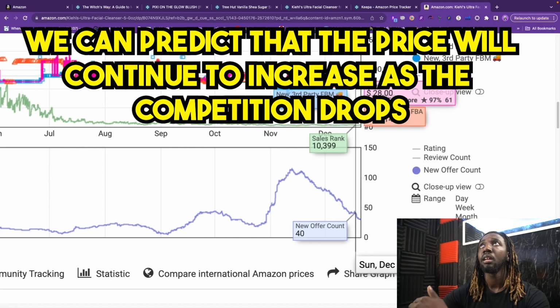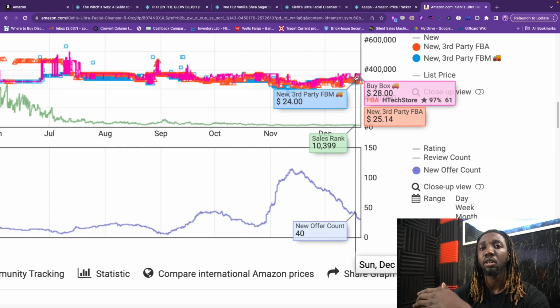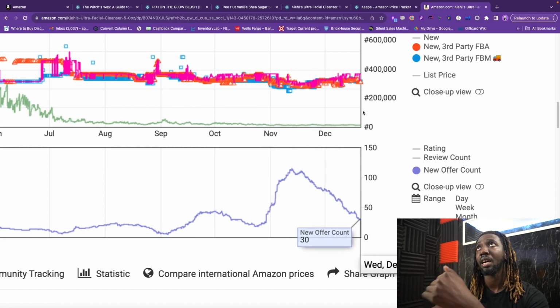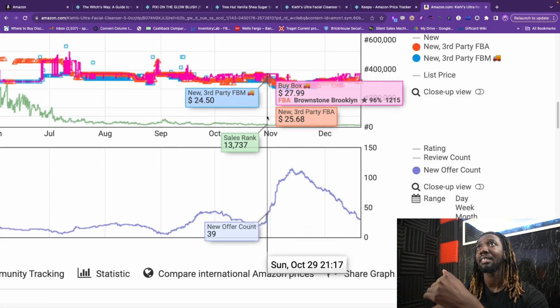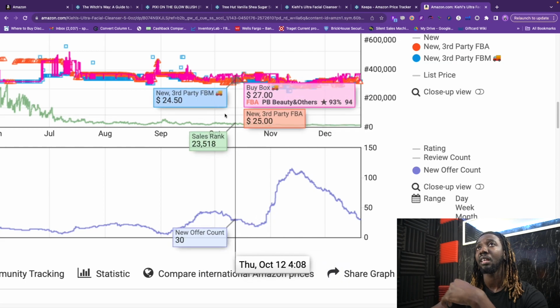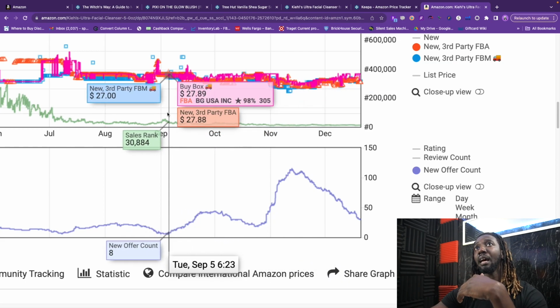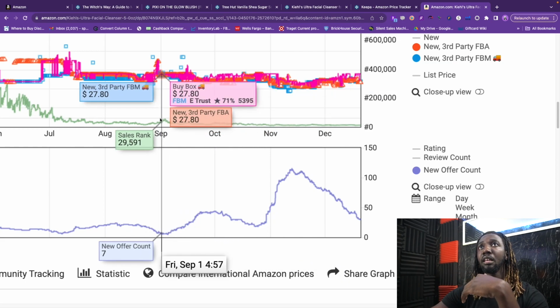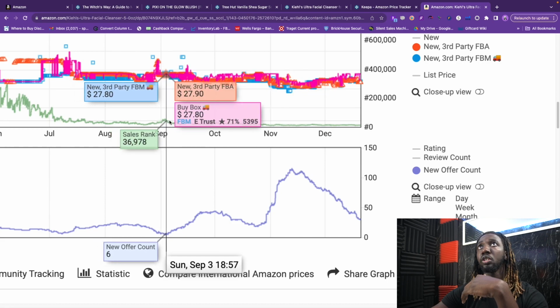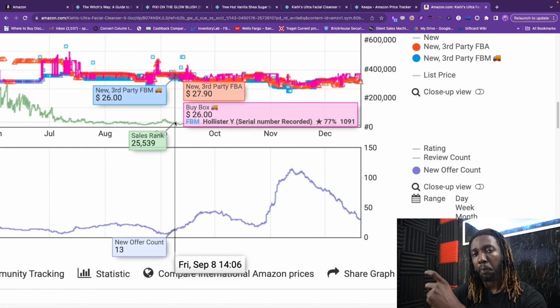Less supply brings you higher profits, higher prices. You can charge more because now the competition has reduced. You'll see that consistently throughout every single chart that we look at. Every single time there is a drop in competition, you should see a gradual increase in the price.